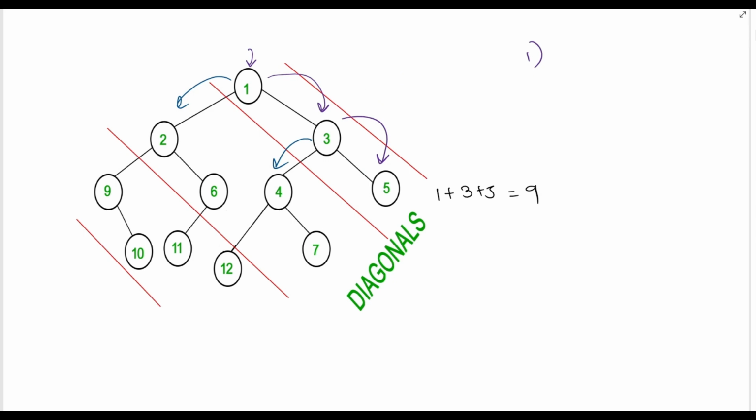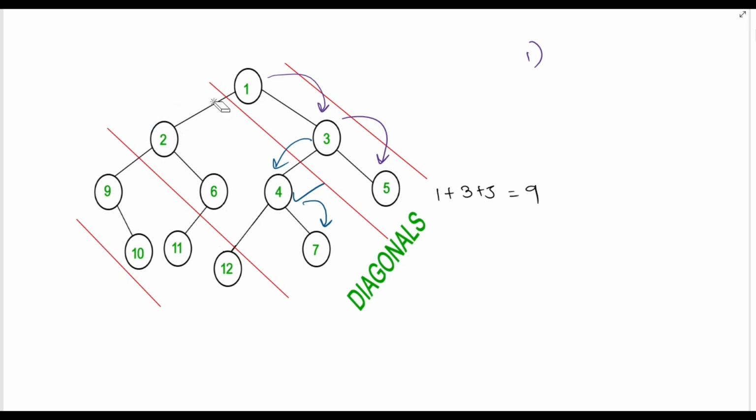For the next iteration, we will have 1's left, 3's left, that is 2 and that is 4. Each and every node that you pick up in that particular iteration, you will also take its right. That is how this whole thing will work.